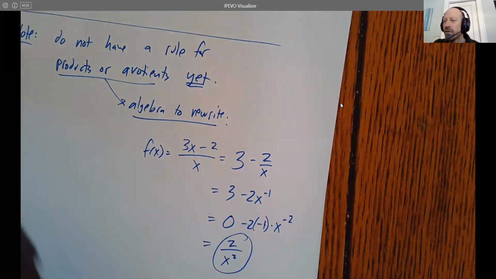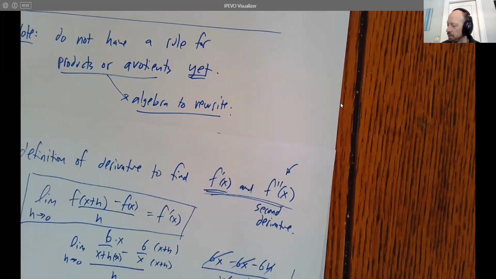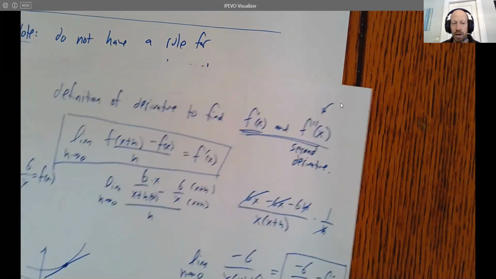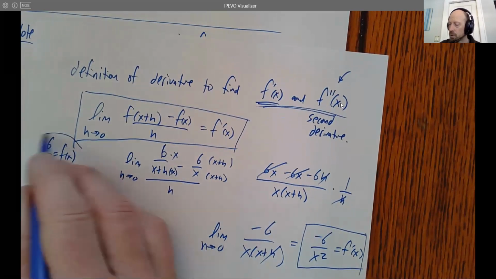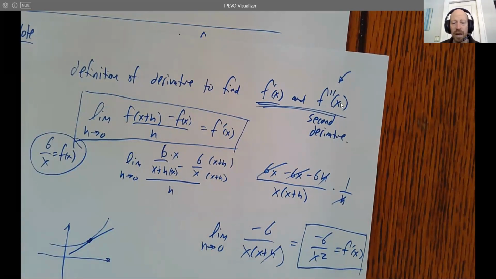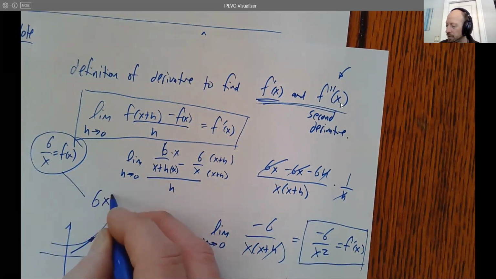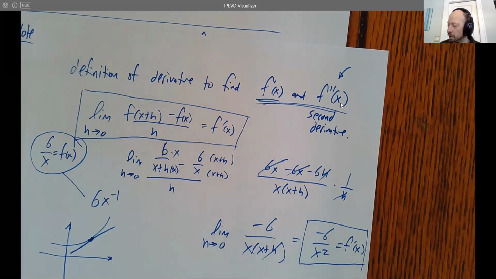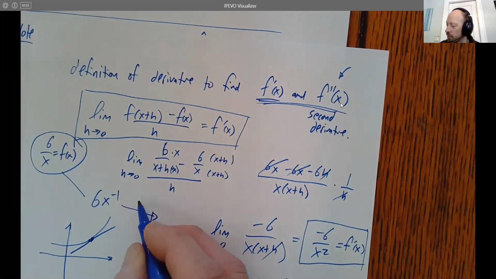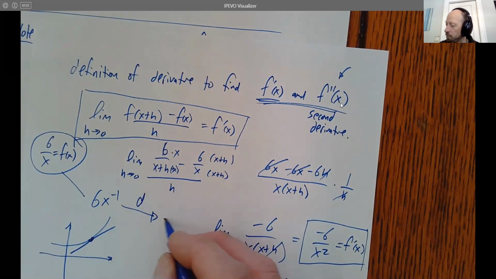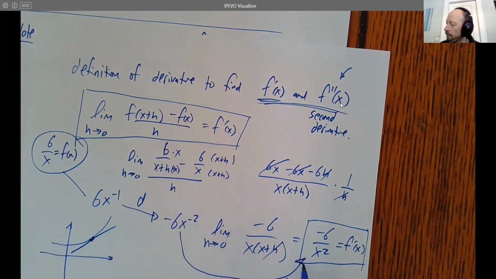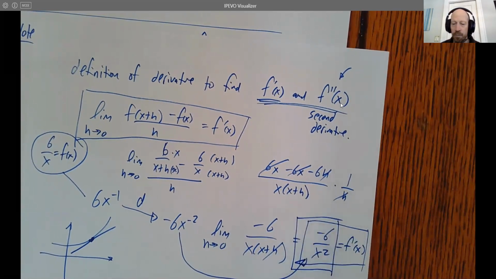Now, you might have actually even noticed, if you remembered our original problem here, we had f of x was 6 over x. I could have rewritten that as 6x to the minus 1. So its derivative would be minus 6x to the minus 2, which is exactly what we got using quite a bit more work and our definition.